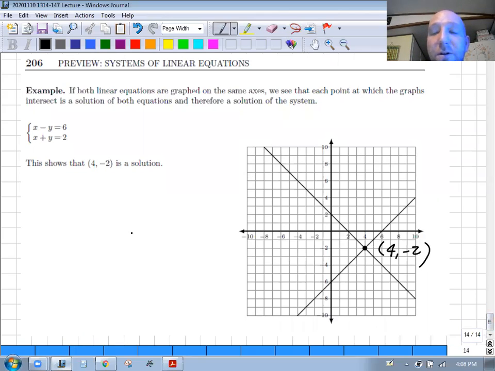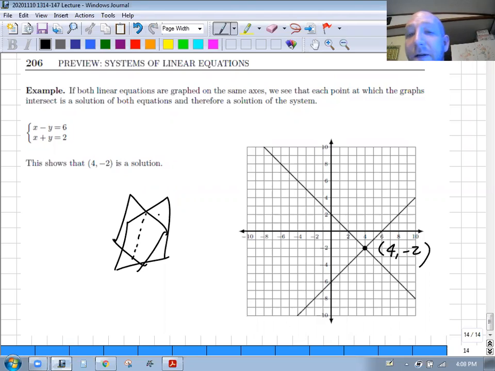Later on, I don't know if we'll see it in here, but instead of two lines, you might have two planes that intersect. Two planes, you have a plane and then another plane. Two planes would intersect along a line, okay?